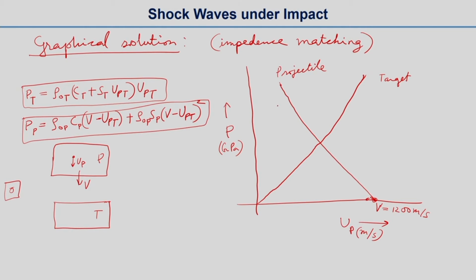Similarly for the target, the initial particle velocity was 0, and it will increase and go to the other extent. These are the two equations we plotted.